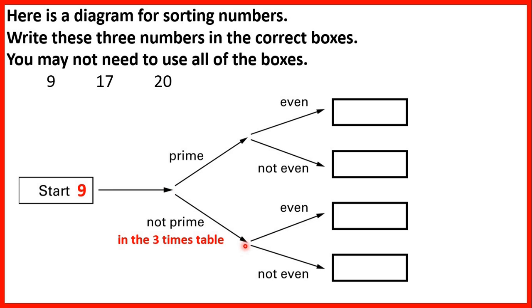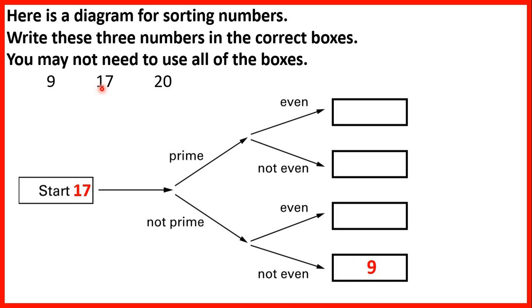So it's not prime, which means we now need to decide whether it's even or not even. An even number is a multiple of 2, so a number that ends in 0, 2, 4, 6 or 8. So 9 is not even, which means we can write 9 in this box here.